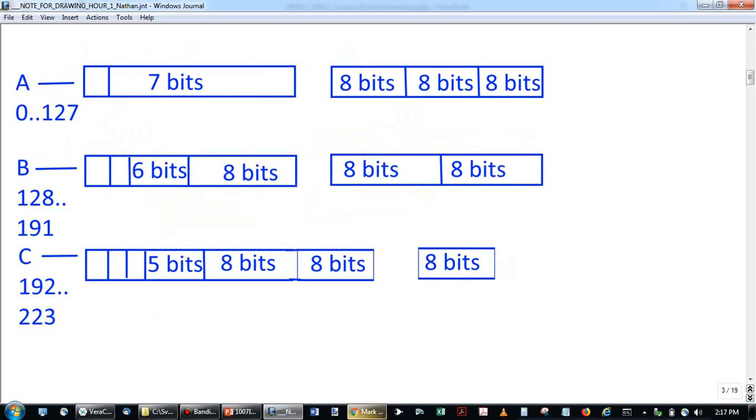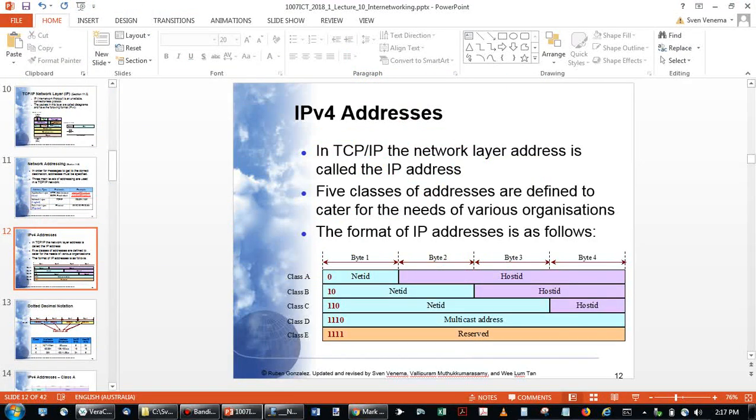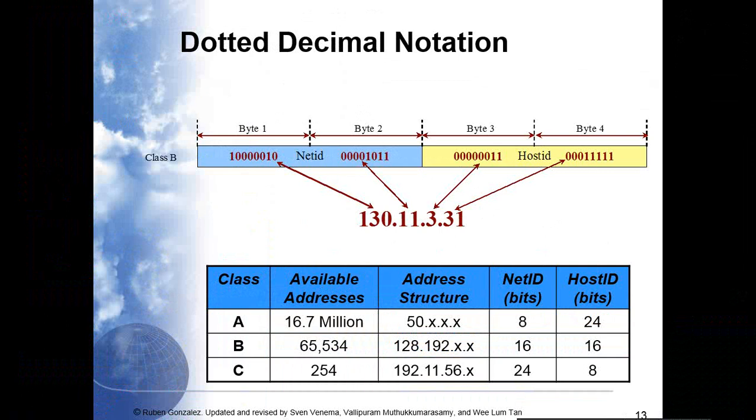The other thing I'll point out here with the classes here, so just as a table, Class A has about 16.7 million available addresses for hosts, and Class B has 65,534, Class C 254. You'll notice that they're not exactly 65536 or 256.